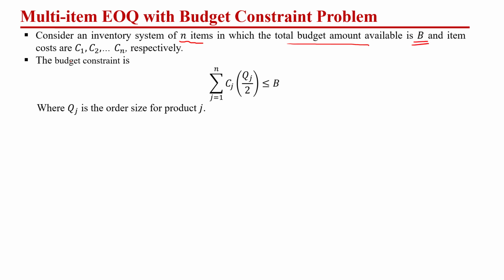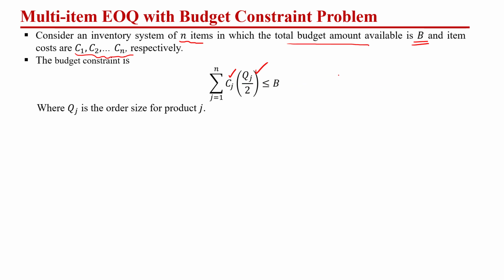Against every item we have a certain item cost. How can we define this budget constraint? That is going to be the unit cost of every product multiplied by the average inventory of that particular item. Because we have n items, we are summing from j equals 1 to n. For product 1 we have the average cost, for product 2 we have the average cost, for product 3 and up to product n.